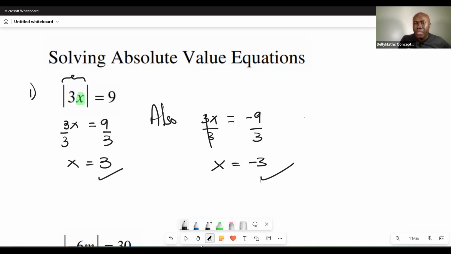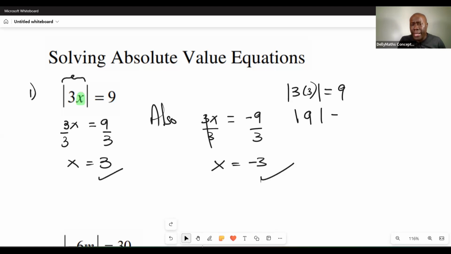Let's take a look. Let us say I replace x with +3 and then we work it out. We're going to have the absolute value of 9, and the absolute value of 9 is 9, because the absolute value is asking how far this is from 0. That's 9 units.